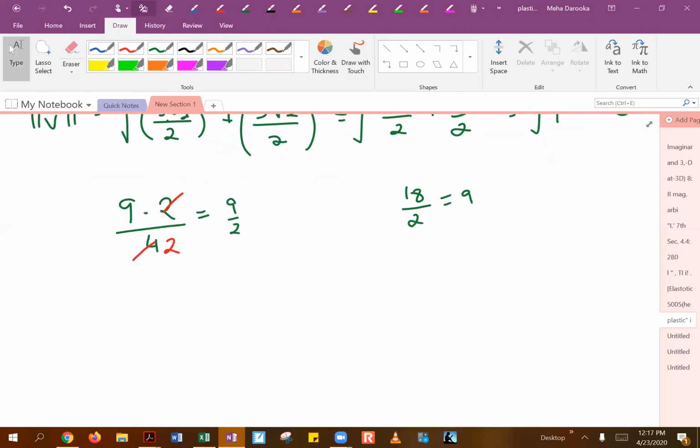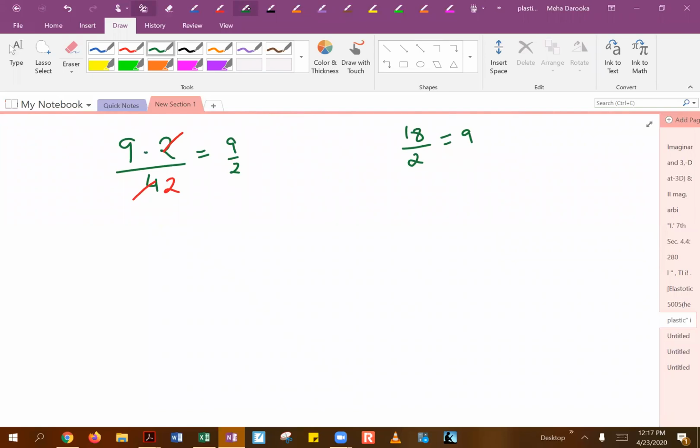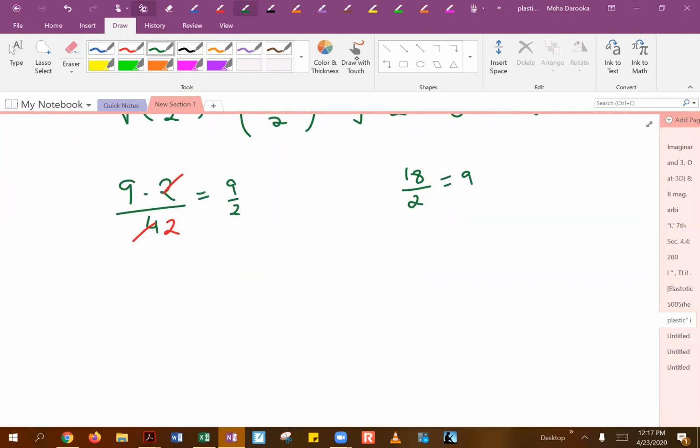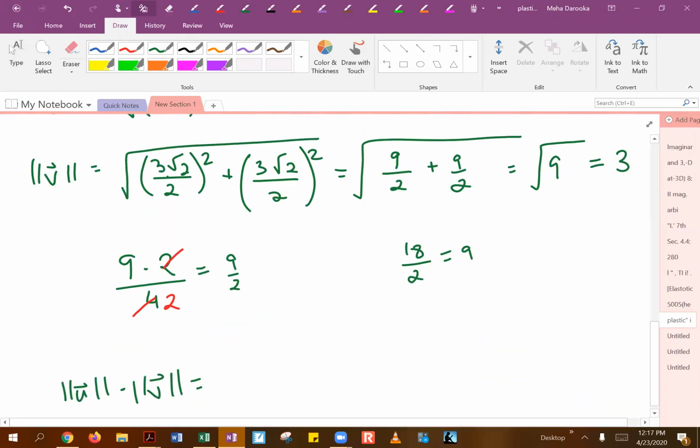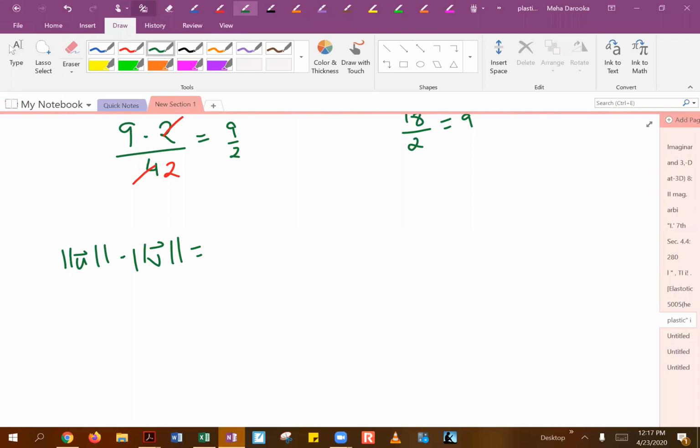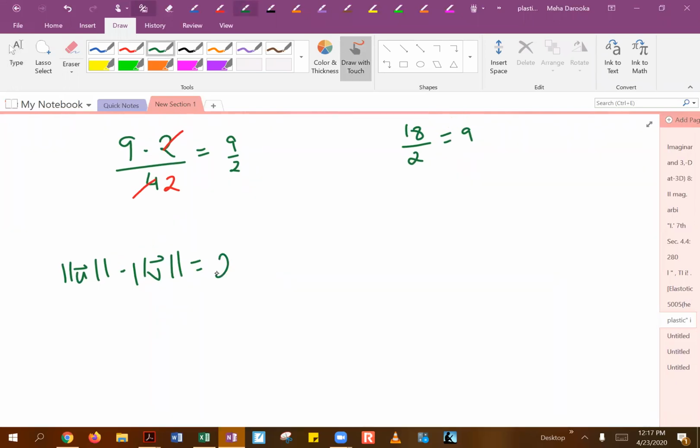And when you take the product of these two magnitudes, we are, of course, talking about multiplying 2 times 3, which will end up giving us 6.